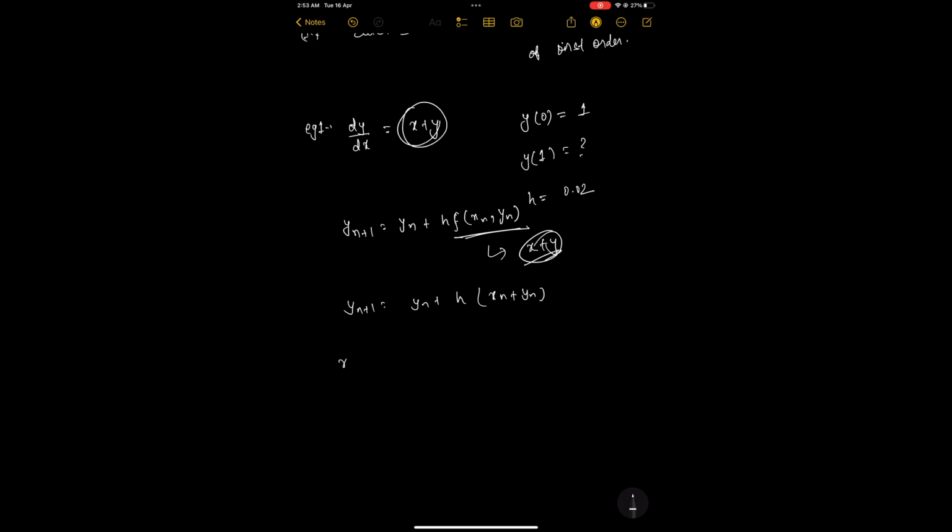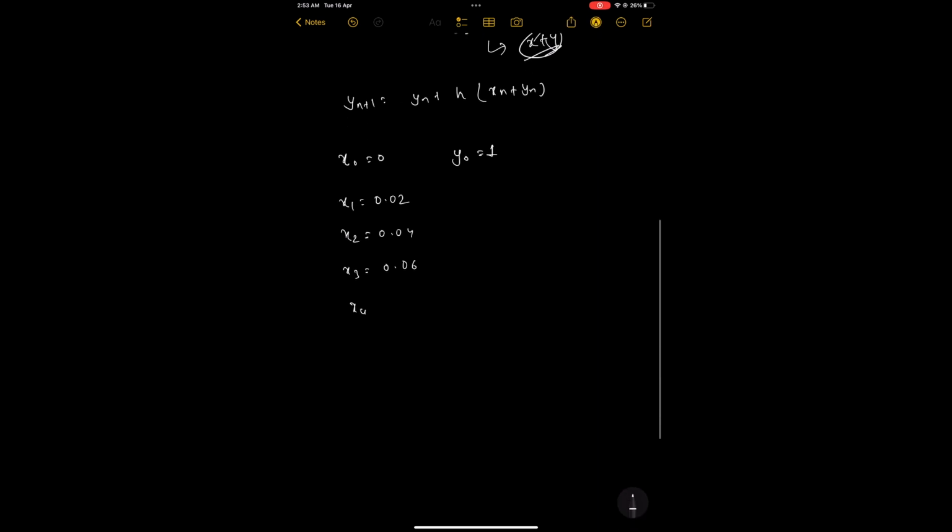Starting with x0 equals 0, because we have been given y of 0 equals 1. Now adding the step size, x1 equals 0.02, x2 equals 0.04, x3 equals 0.06, x4 equals 0.08, and x5 equals 1.